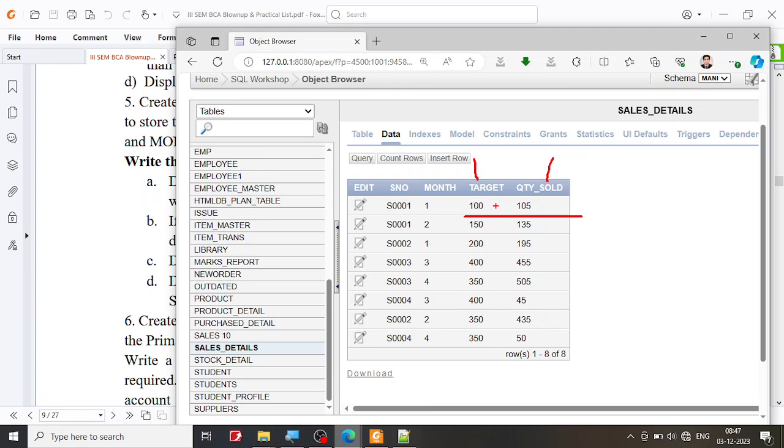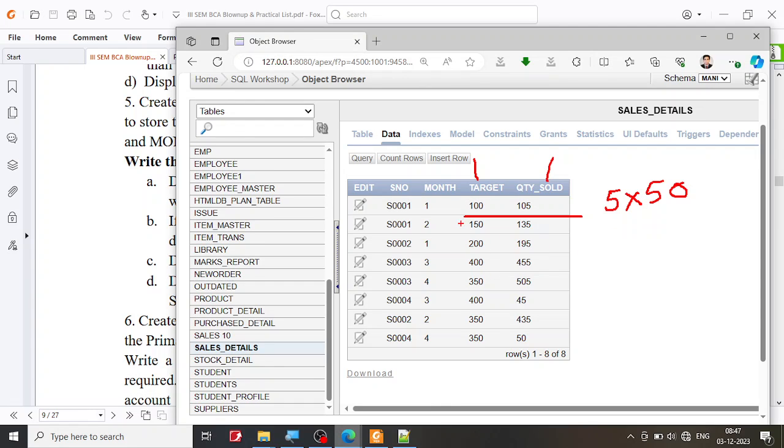So what is the excess above the target? Excess above the target is 105 minus 100. That means 5 items were sold. For each item, they are saying 50 rupees commission will be given. So he is going to get 250 rupees.